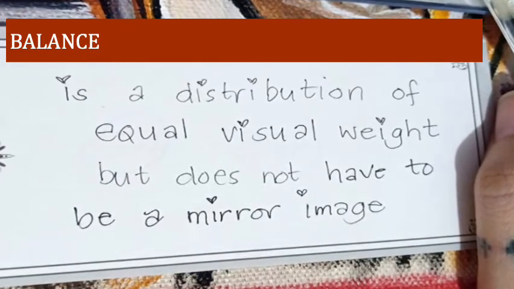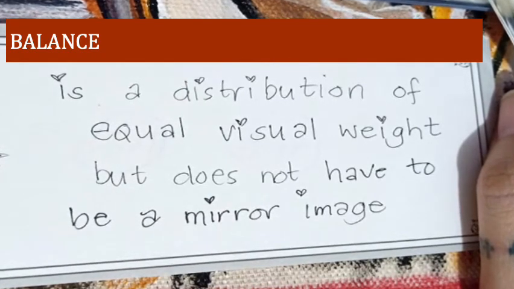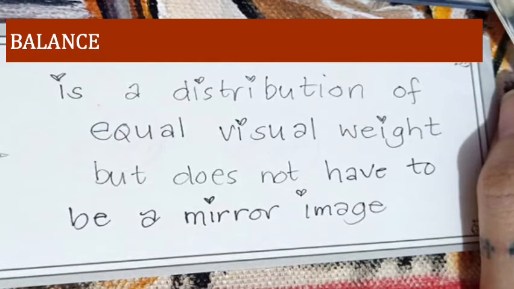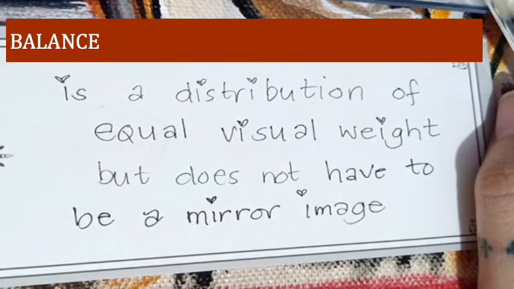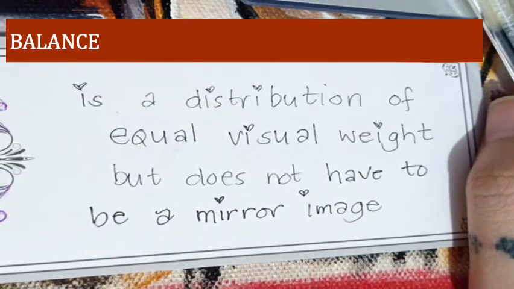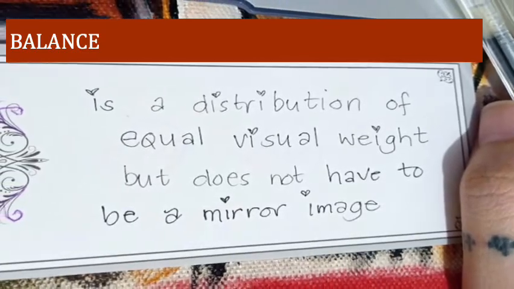When we say balance, it means the composition of the artwork has equal visual weight. This means that the visual weight of each element is distributed in a way that makes the composition feel stable.